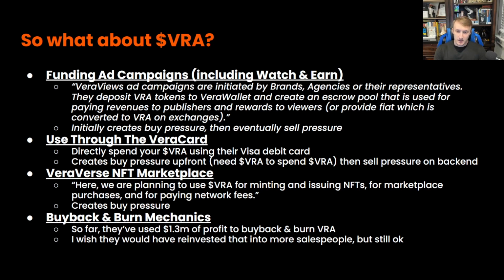But then you've got to think, okay, if that's being paid to publishers and viewers in VRA, then eventually those people most likely are going to have to sell that VRA. So this creates a temporary demand and a temporary selling pressure. So it's buy pressure and it's sell pressure.